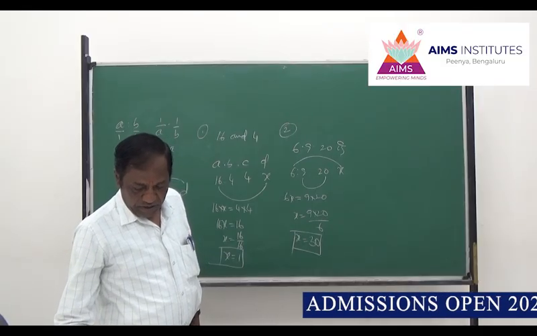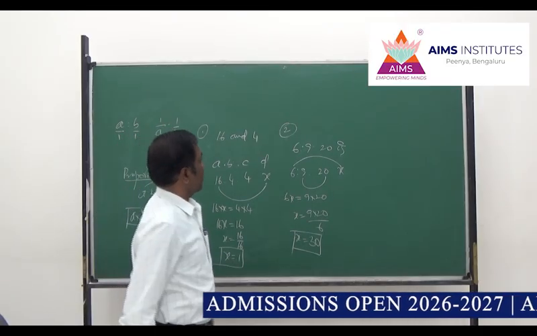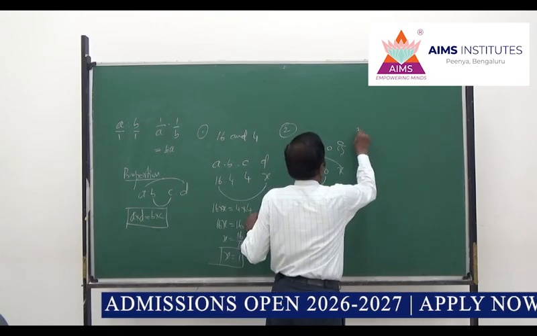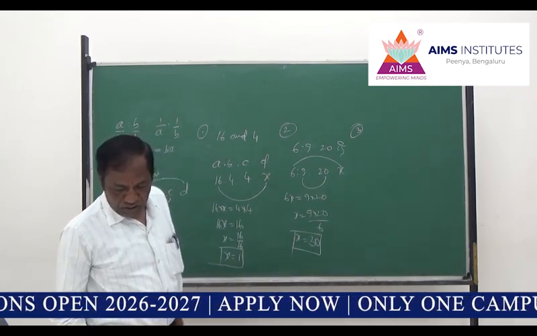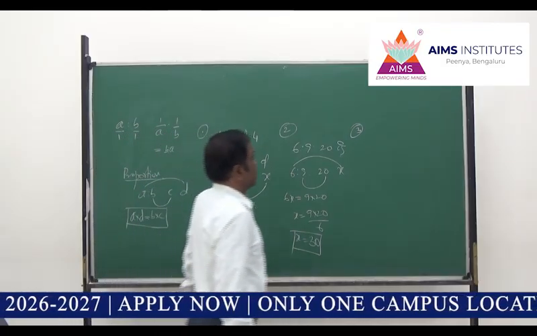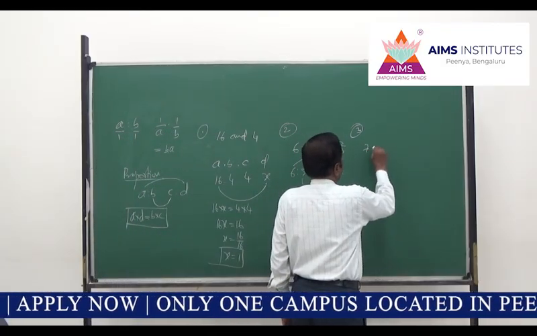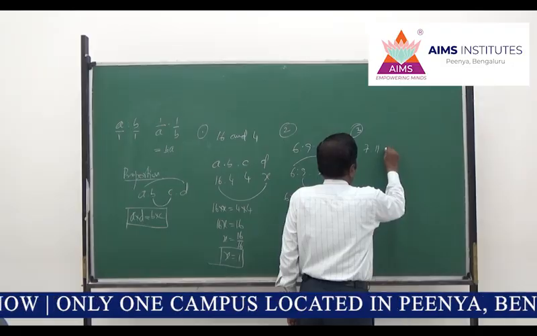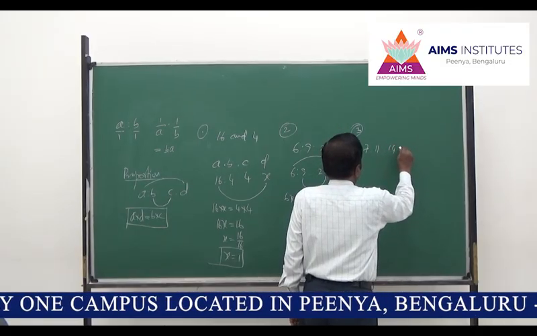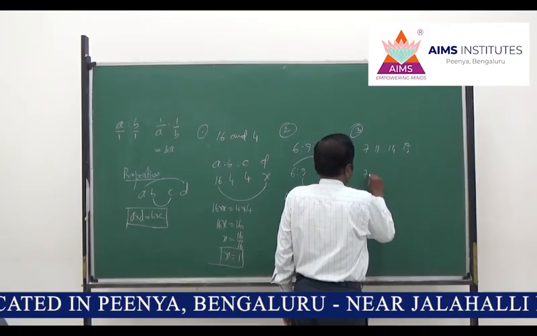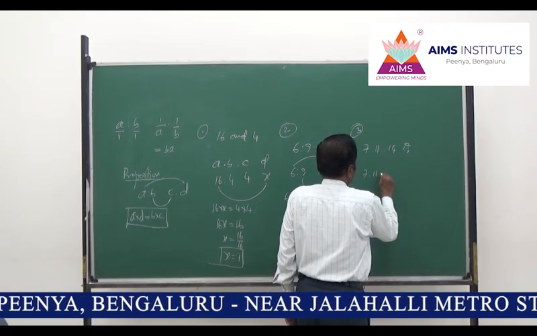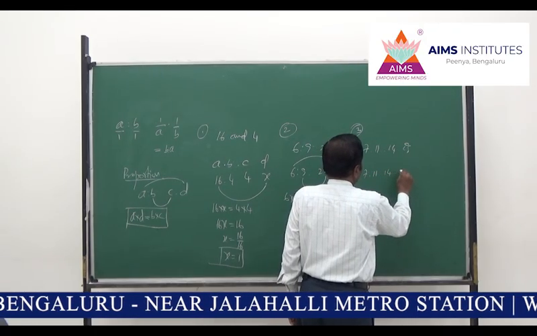Do question number 3. What is the fourth proportion to 7, 11, 14? You can take 7 is to 11, 14 is to x.